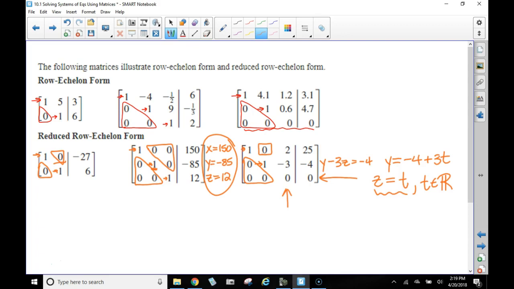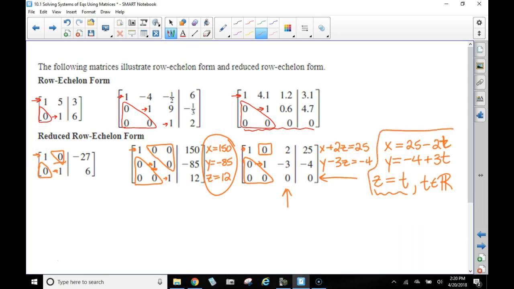And then this equation written out would be 1x plus 0y plus 2z equals 25. And so solving for x, you would get x is equal to 25 minus 2z, which z again is still just t. I can't train my pencil to just write t instead of z.